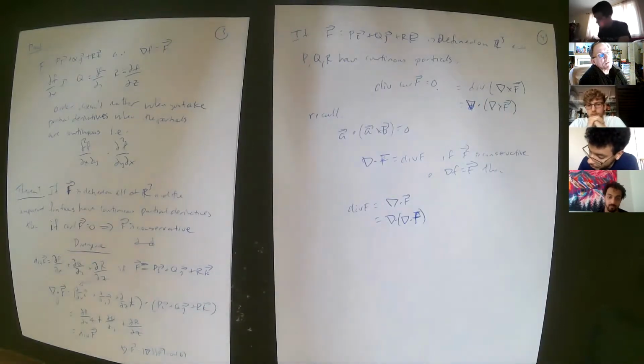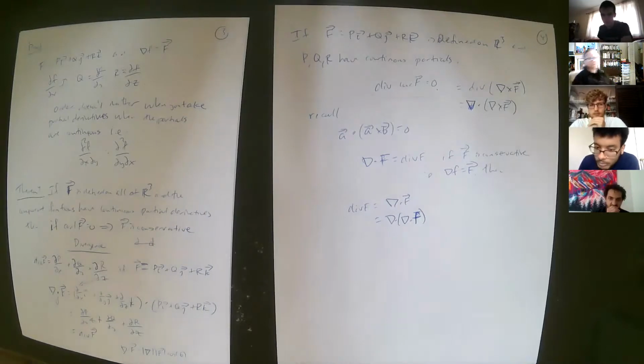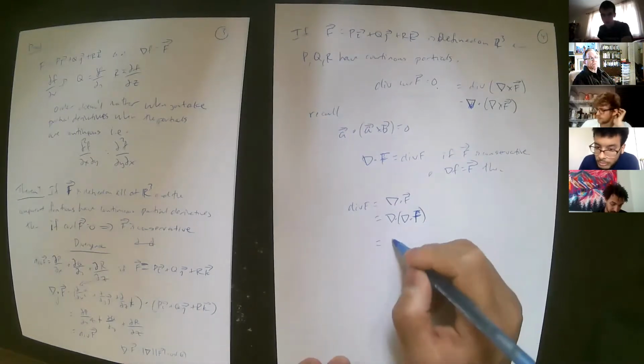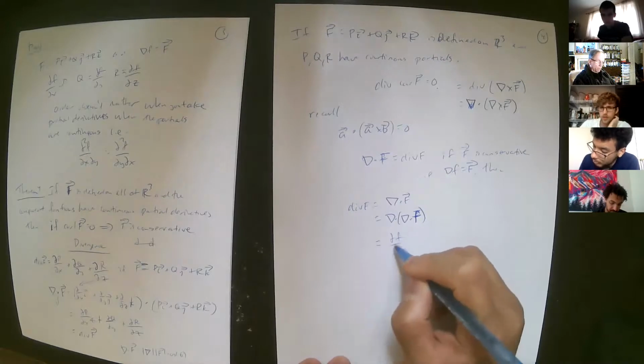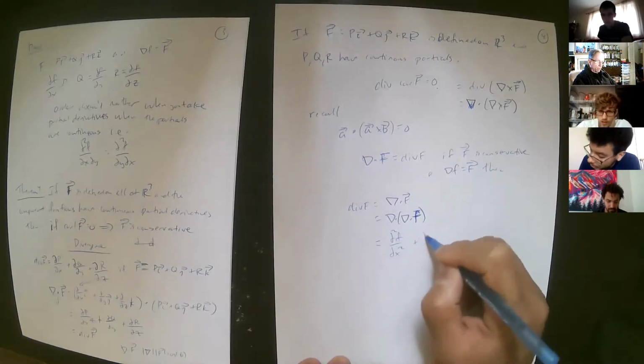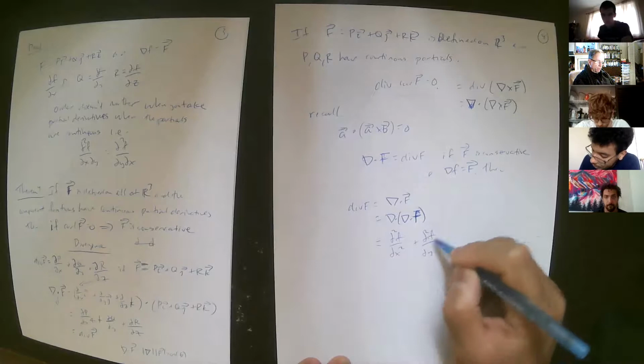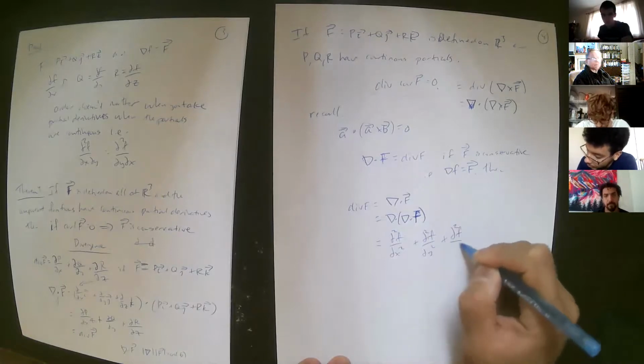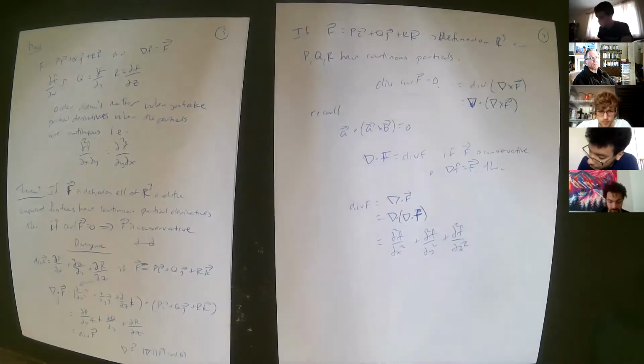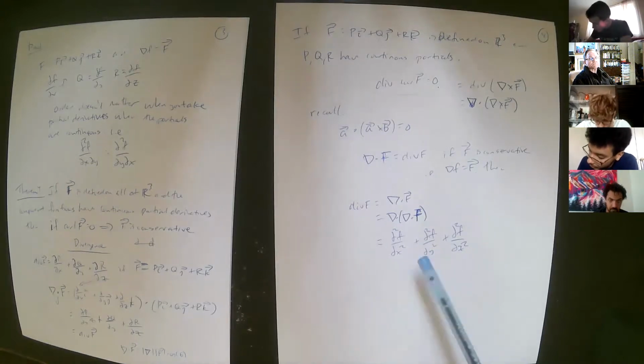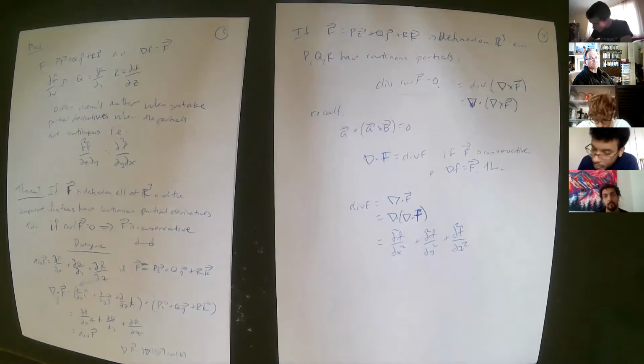So all we're really doing is taking two derivatives, right? And that says that the divergence of f is df squared dx squared, df squared dy squared, plus df squared dz squared. You can follow this through just the basic definition of divergence. Okay?